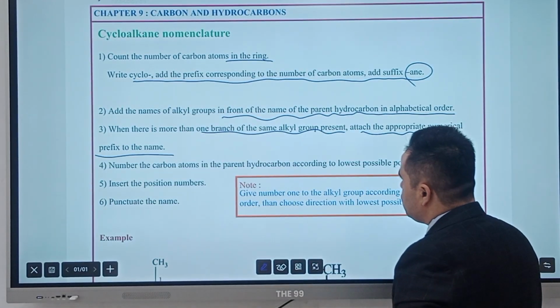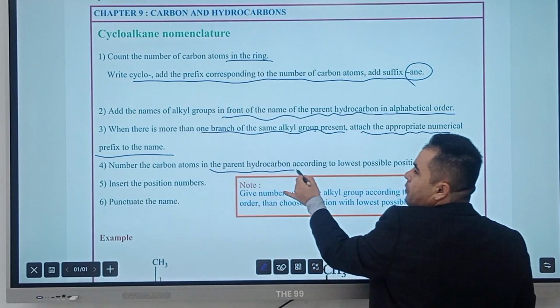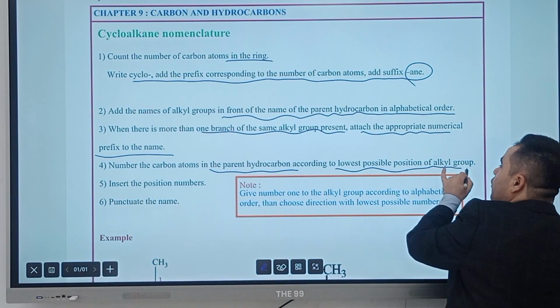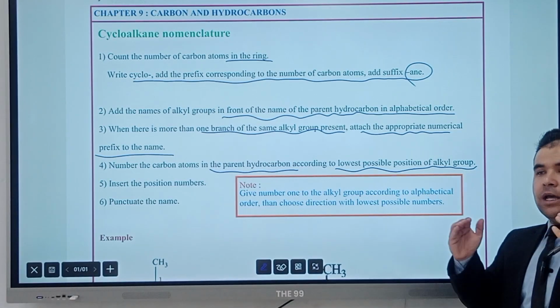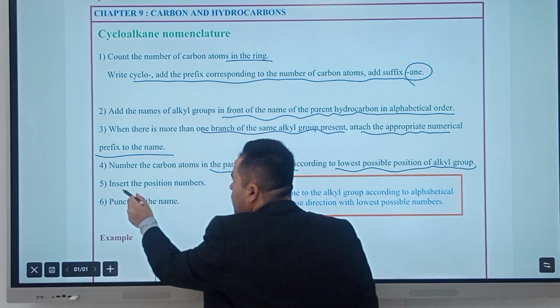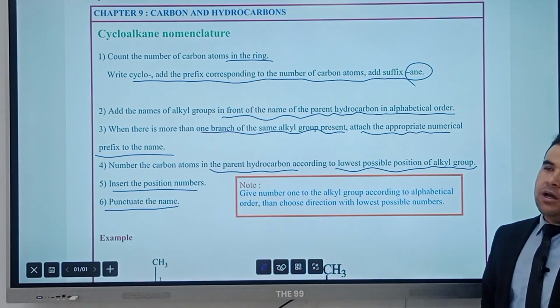Number the carbon atoms in the parent hydrocarbon so the alkyl groups get the lowest positions. Then insert the position numbers, punctuate the names, and name the compound.